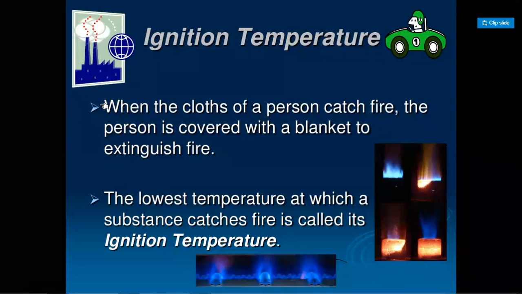So this is the ignition temperature, because for every fuel, all combustible substances, there is a minimum temperature required at which they will start burning. It's not possible that if you bring a burning matchstick near a piece of paper and just pass near it, it will immediately catch fire.